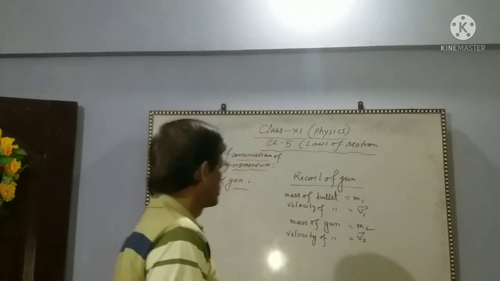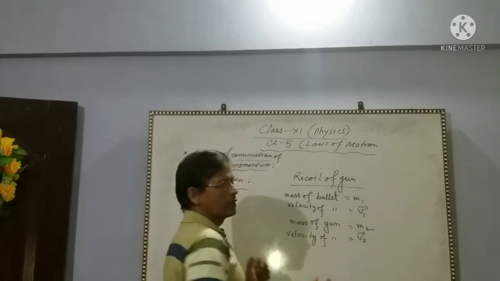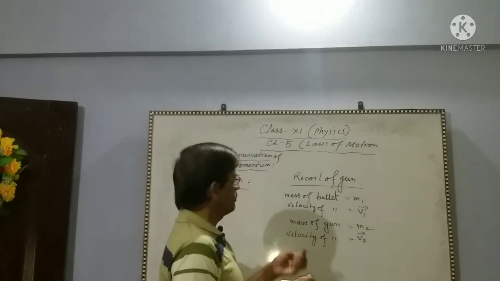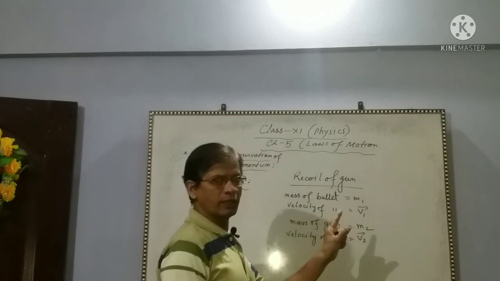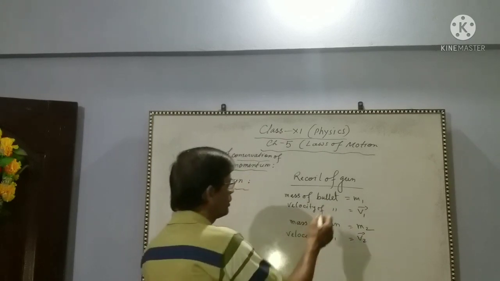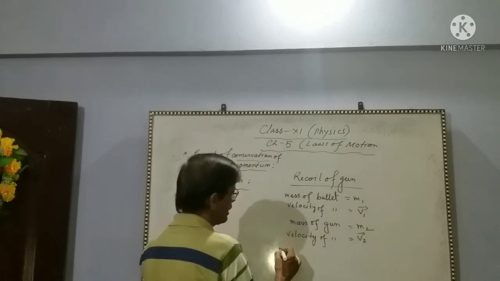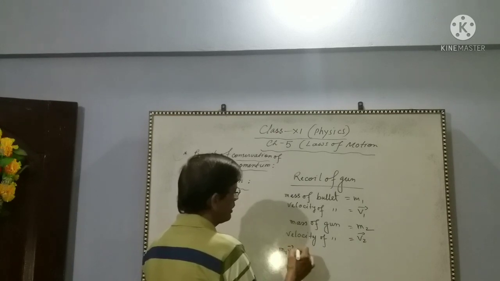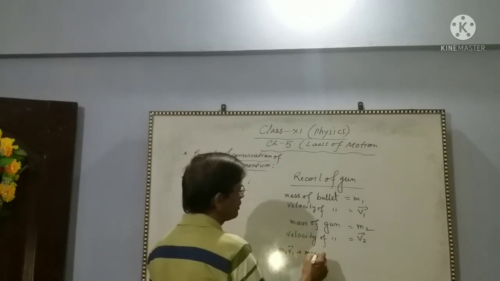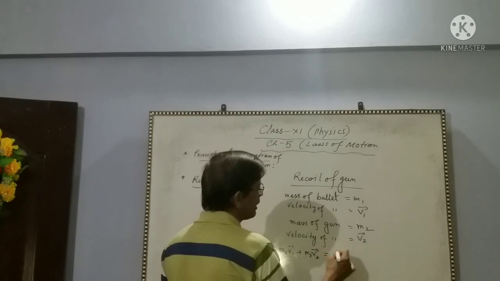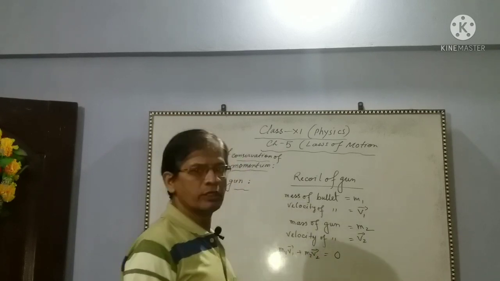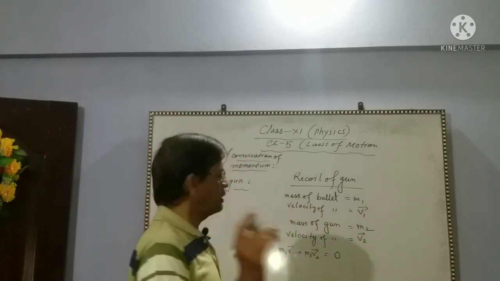Before firing, the velocity is 0. According to the law of conservation of momentum, momentum after firing equals momentum before firing. So m1 v1 plus m2 v2 equals 0, because before firing there is no velocity.